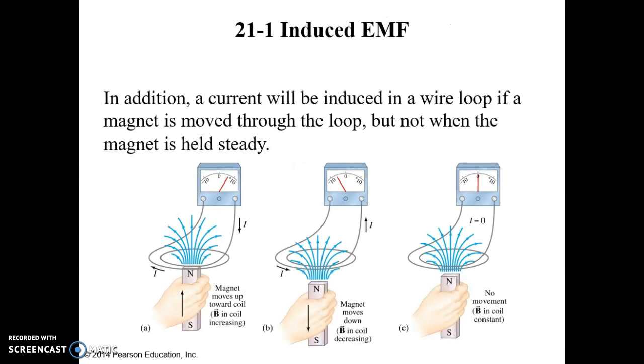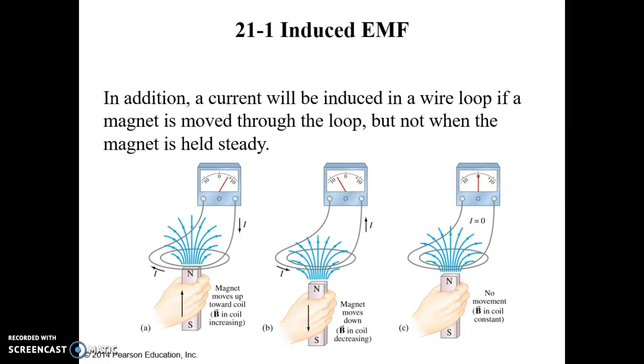What I mean by the current opposing the flux is that the direction of the current in these examples depends on the direction of the magnetic field it produces. So in Figure A, the flux is increasing because the magnetic strength increases. So the current will flow in such a way that the magnetic field it produces will point against the magnetic field lines produced by the bar magnet.